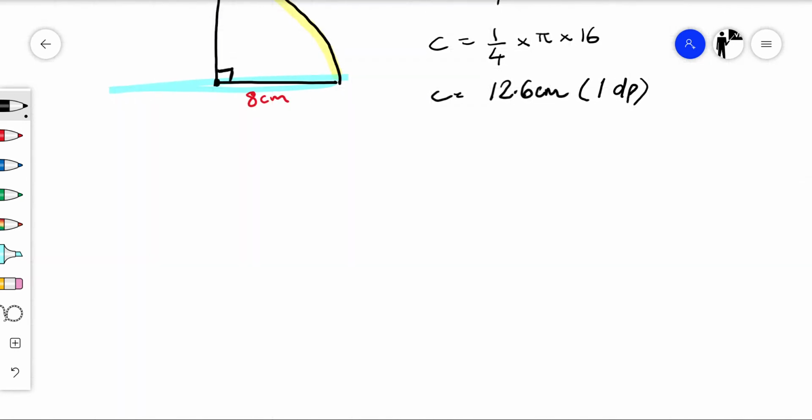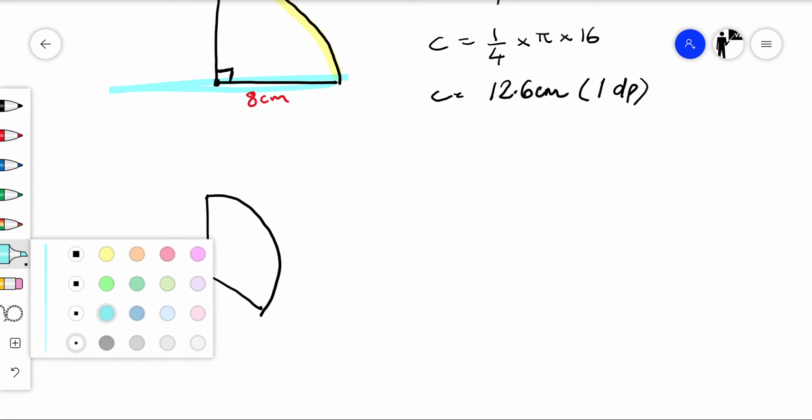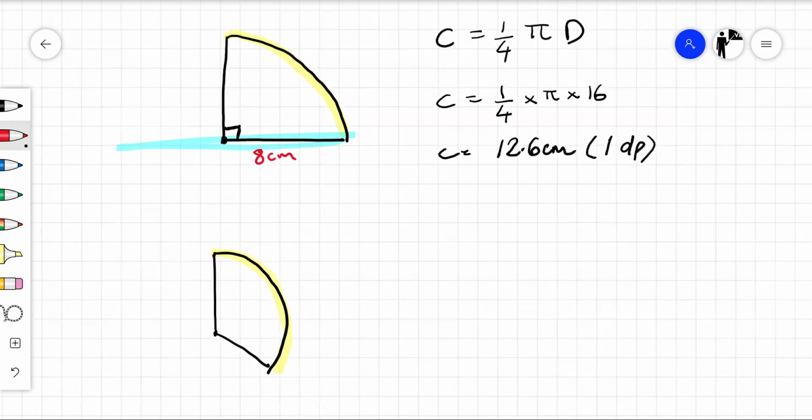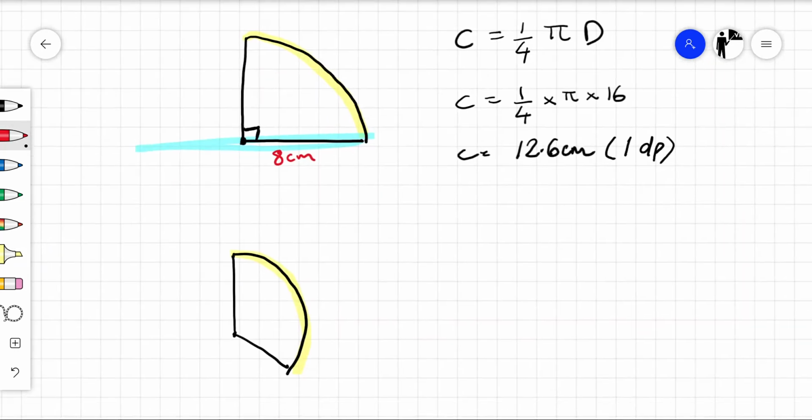But let's imagine we've now got a problem like this here, where I'm just going to draw. Let's imagine this problem asks us to work out this curved part here. But we're not told it's a semicircle, we're not told it's a quarter circle.